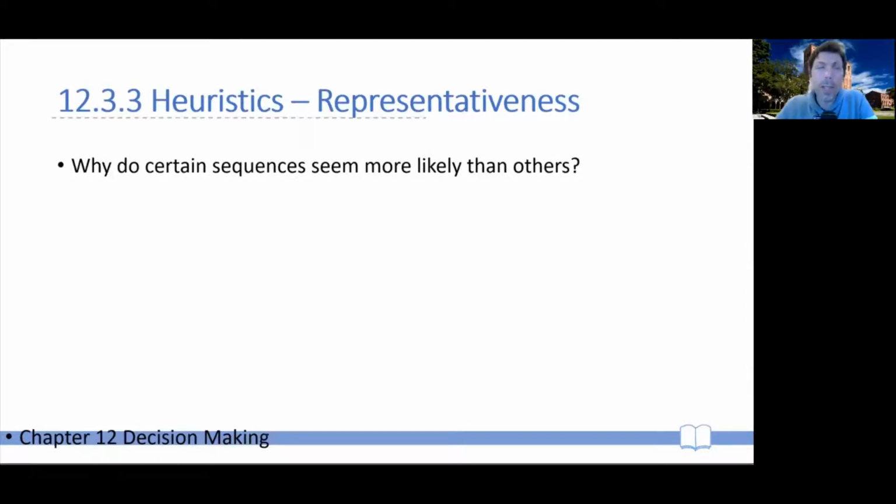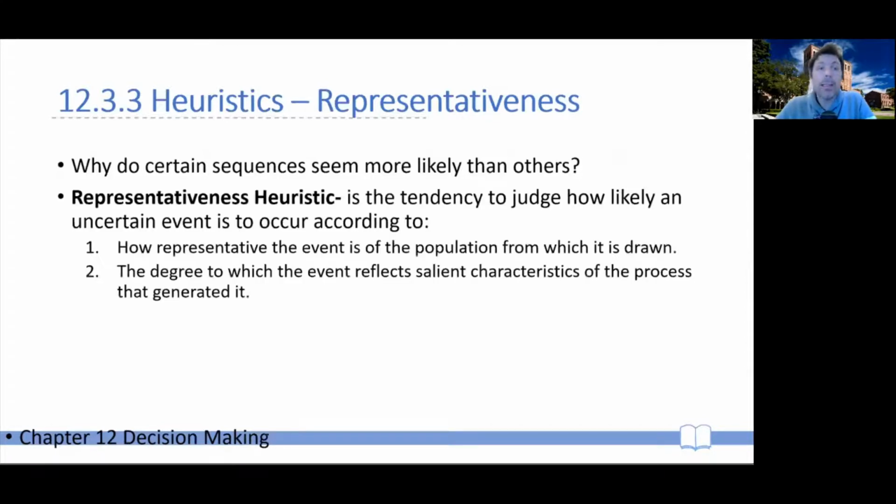The question, of course, is why would that be the case? Well, one answer is the representativeness heuristic. And this says that when we have to judge how likely a certain event is to occur, rather than using probability theory to try to decide how likely it is, we use other factors. We use a heuristic, a strategy that is based on other factors.